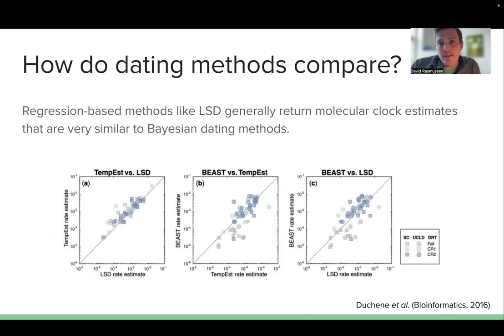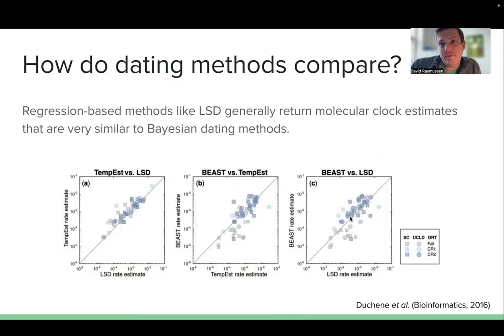People have compared the performance of different tree dating methods, including least squares dating, to more sophisticated tree dating approaches, including using BEAST to sample from the posterior distribution of time-calibrated molecular trees. And what we can see is that these alternative methods that use regression-based approaches, like TempEst and least squares dating, often return very similar estimates of the molecular clock rate compared to the more principled approach that BEAST uses.